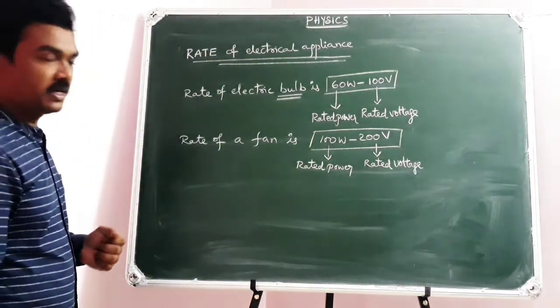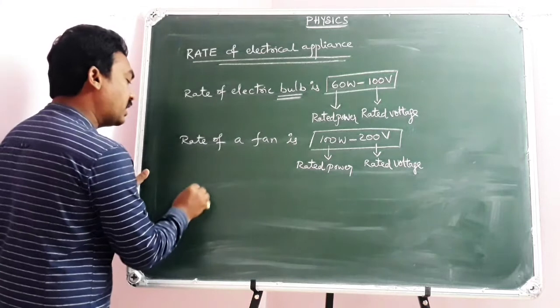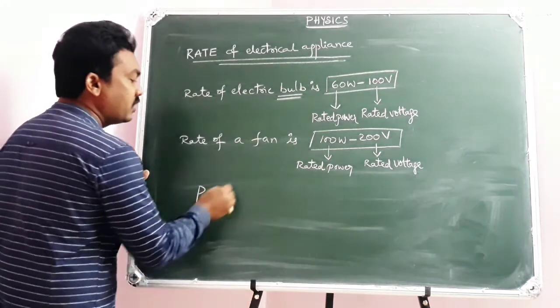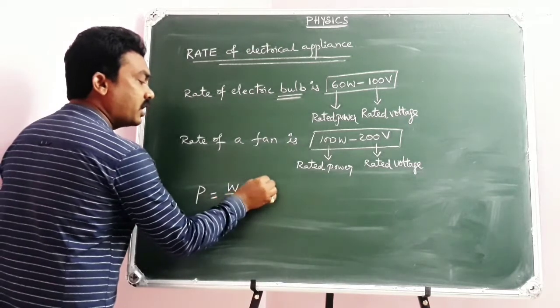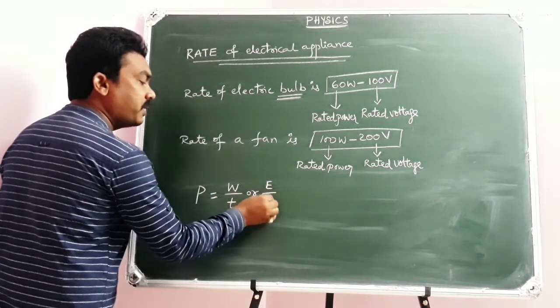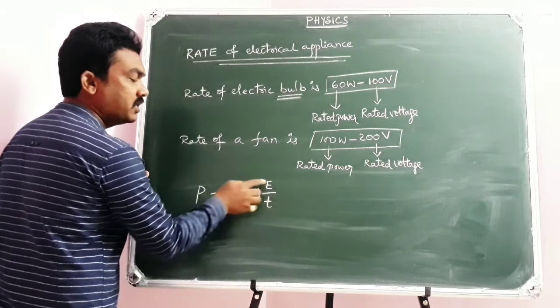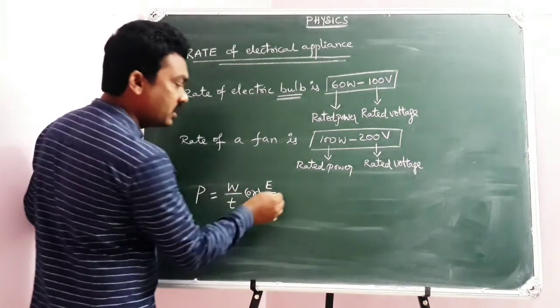So here, a little more mathematics. You know very well, electric power P is equal to the rate of electrical work done per unit time, or the rate of electrical energy consumed per unit time, where work and energy are equivalent, you know that.